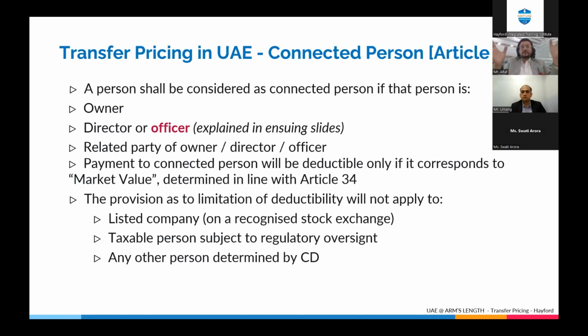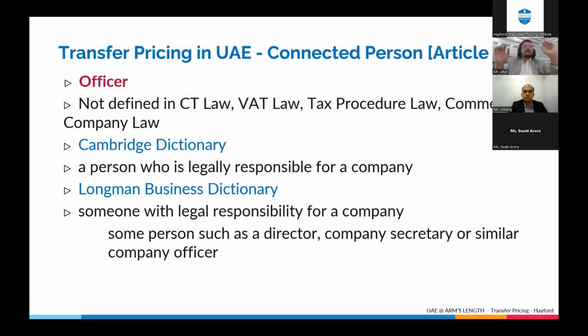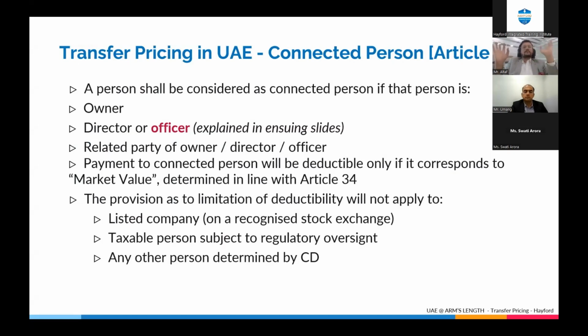Those entities may also be subject to regulatory oversight. It has to be seen, although nothing is written as such, whether DNFBPs will be covered or not. But we need to remember that banks or insurance companies which are not listed are still seen as subject to regulatory oversight, as well as any other person that the Cabinet Decision may specify. So the deductibility issue will not apply to them.